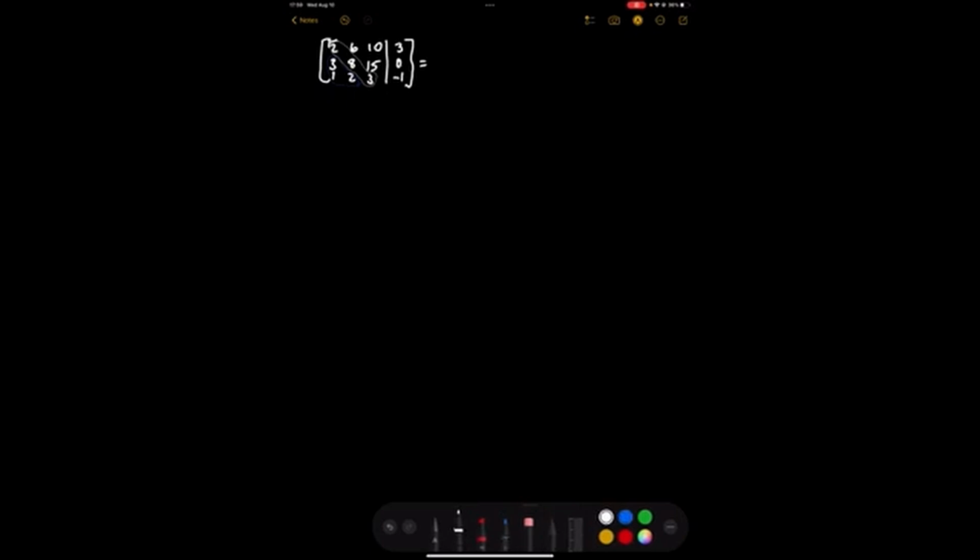So first thing first, we want the number 2 in the first column to be equal to 1. How can we do this? Well, we can divide row 1 by 2. Makes sense.